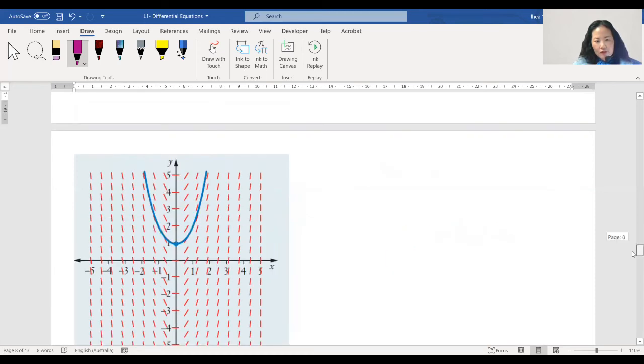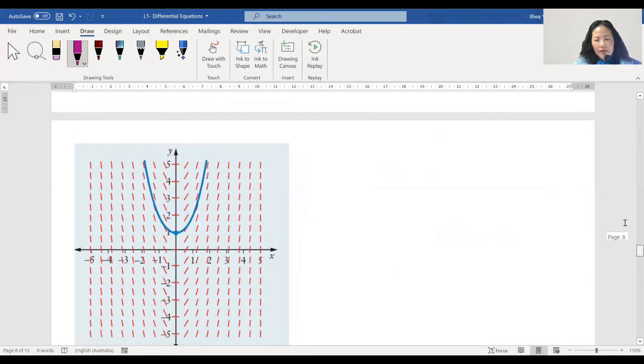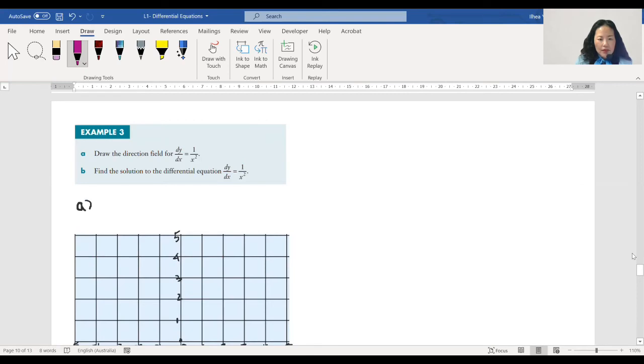Okay, so roughly there. And then example 3, draw a direction field for dy/dx equals 1 over x squared. Now, just think about this. When you integrate this, what are you getting? I see hyperbola, because it's going to be 1 over x, because it's going to be x to the power of negative 1.